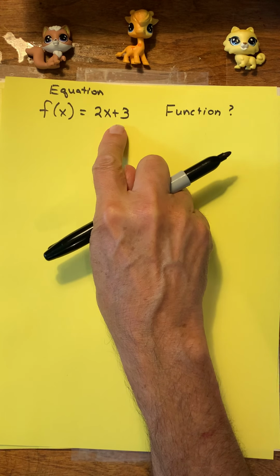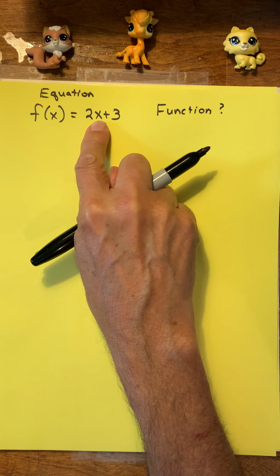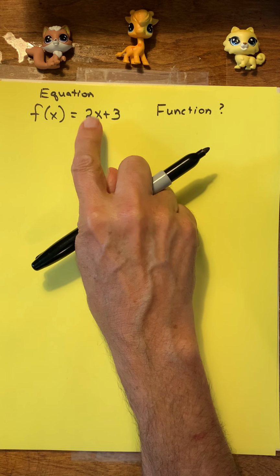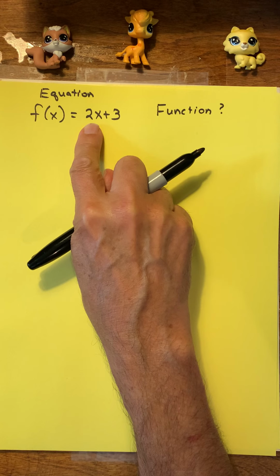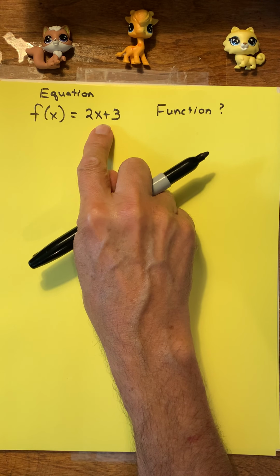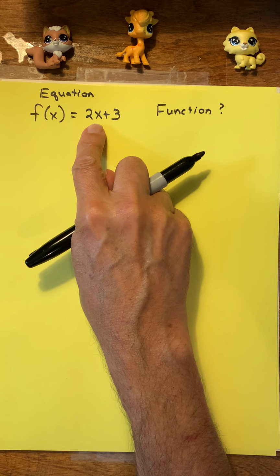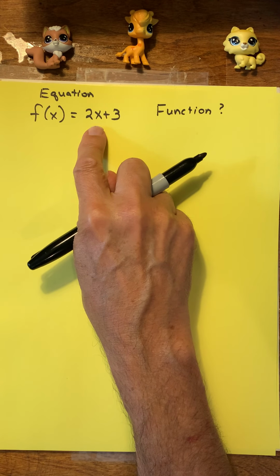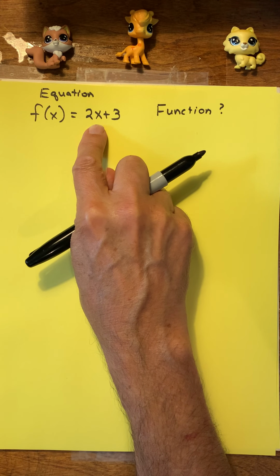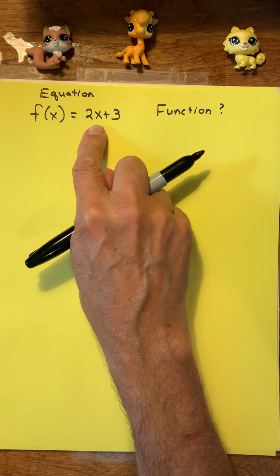Yeah. And will you get only one y? Whatever x I pick, will you get more than one y? Can you imagine picking an x that would give you 2 or 3 different y's? No. Every x I pick, say 100, 2 times 100 is 200, plus 3 is 203. Every x I pick gives me only one y.